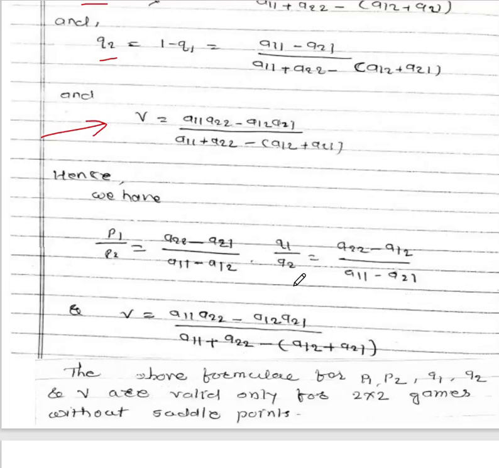Putting the values of P1, P2 and Q1, Q2, we can find the ratios. Then the value of the game V is A11 A22 minus A12 A21 divided by A11 plus A22 minus A12 plus A21. So this is the value of the game.